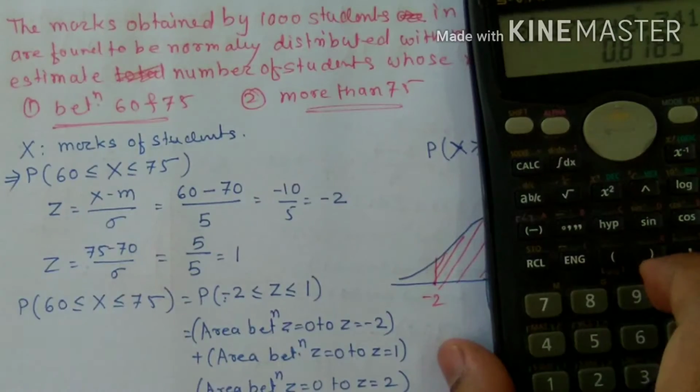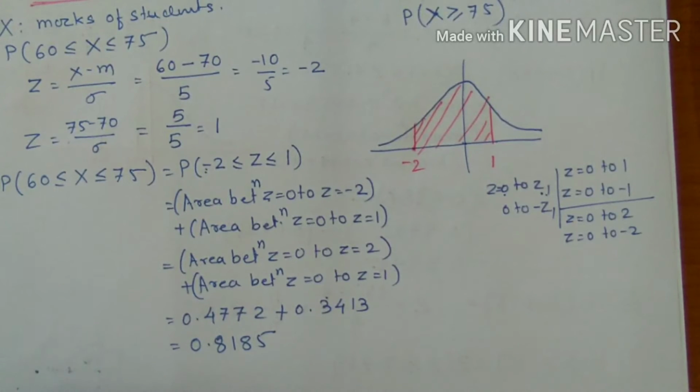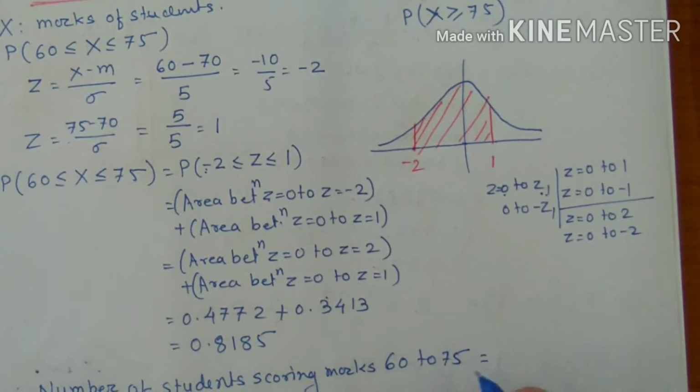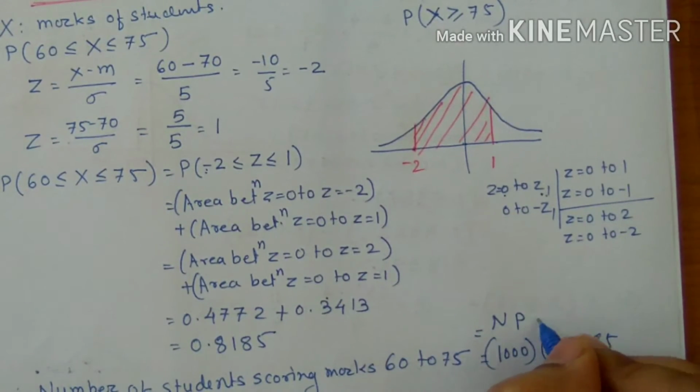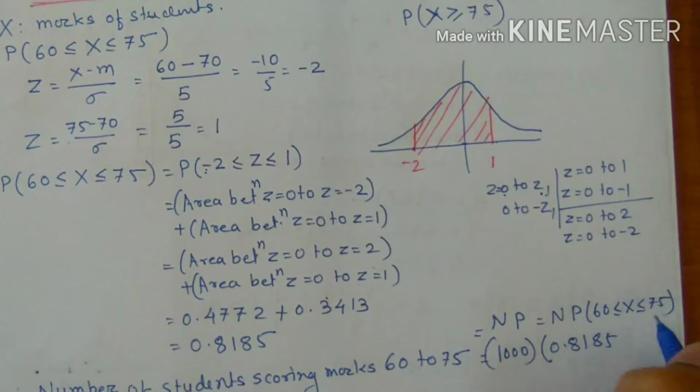Now we have to estimate the number of students whose score is between 60 and 75. Therefore, the number of students scoring marks between 60 and 75 is equal to the total 1000 students multiplied by 0.8185. This is n times p, where p is the probability of 60 less than or equal to X less than or equal to 75.